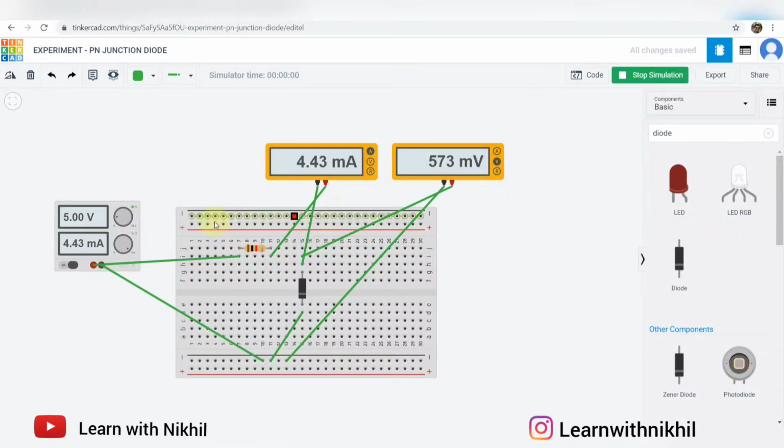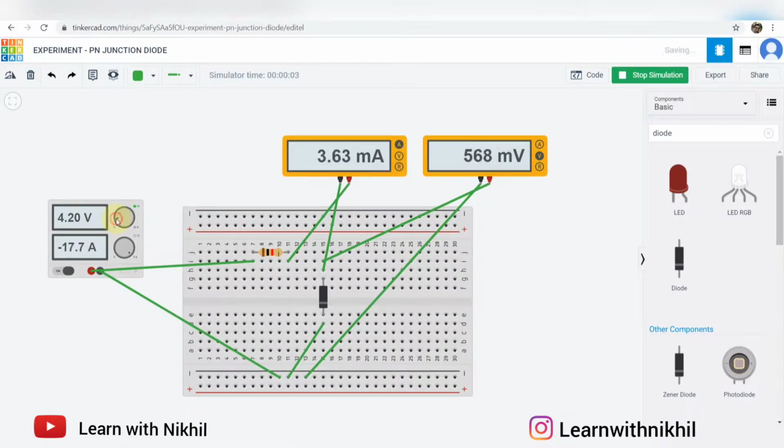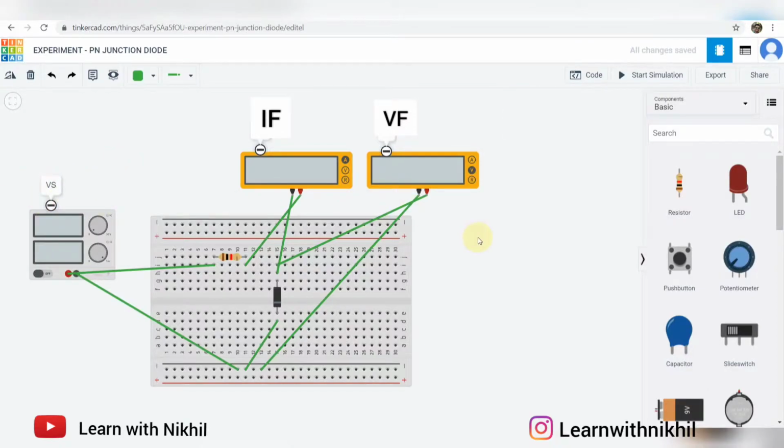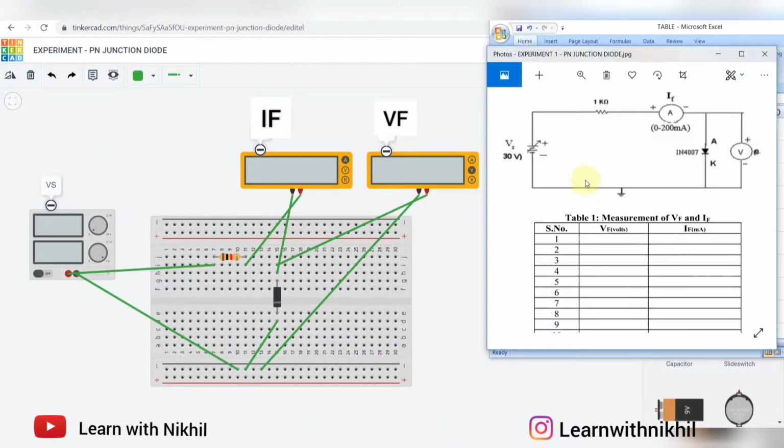Now I'll just start with the simulation. You can change the voltage by this knob. You can rotate it. So I'll just denote this. This will be IF, that is forward current, and this will be VF, that is forward voltage, and this will be Vs, that is supply voltage. Now we have been given this observation table, that is VF and IF.